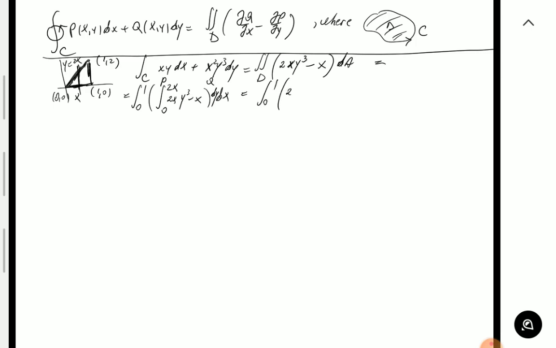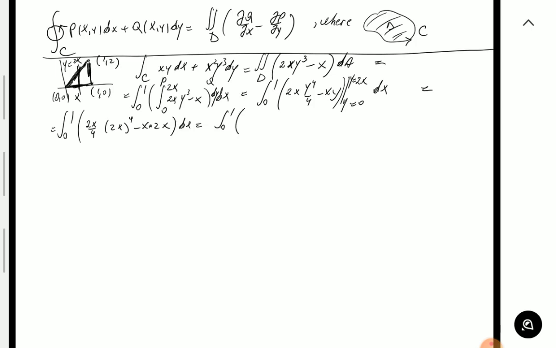So what do we get? We get 2x y to the fourth over 4 minus x times y, with y evaluated between 0 and 2x. Then let's plug in 2x. So we have 2x over 4 times (2x) to the power 4 minus x times 2x, and then we plug in 0, so that's just 0. Simplify further, what do we get here?